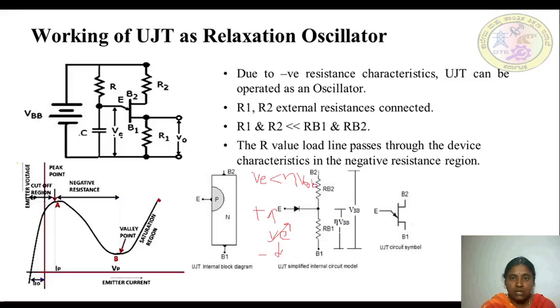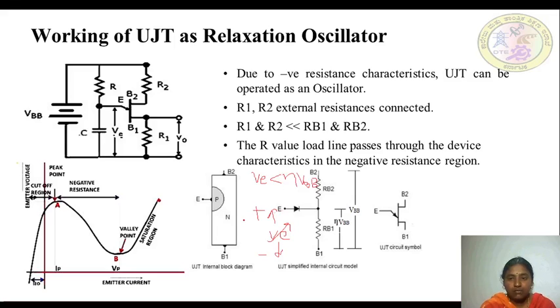So VBB is the supply voltage between B2 and B1 and eta is the intrinsic standoff ratio which you have discussed in your first unit about the UJT.